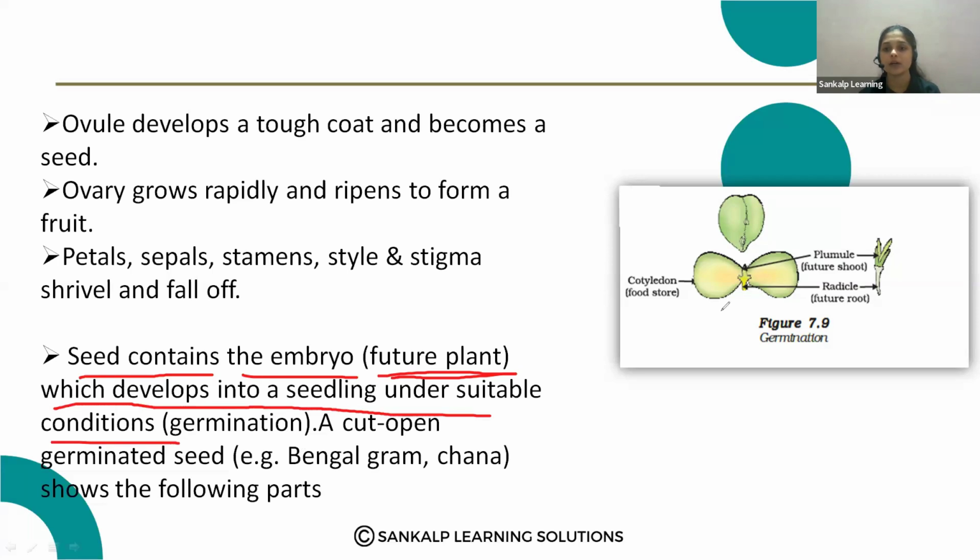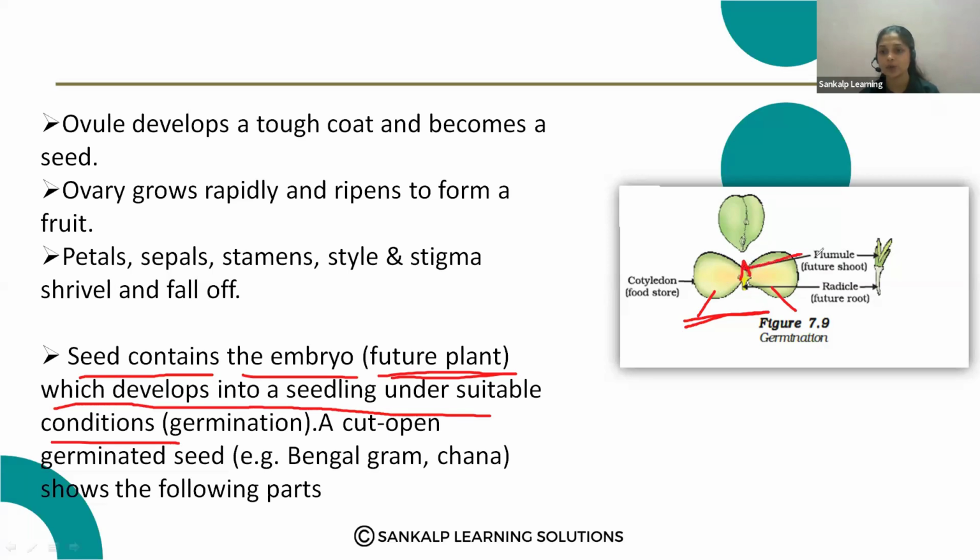Here you can observe how a germinated seed looks. These are the cotyledons. It may be a monocotyledon or dicotyledon. Here they are showing the dicotyledon seed during germination.